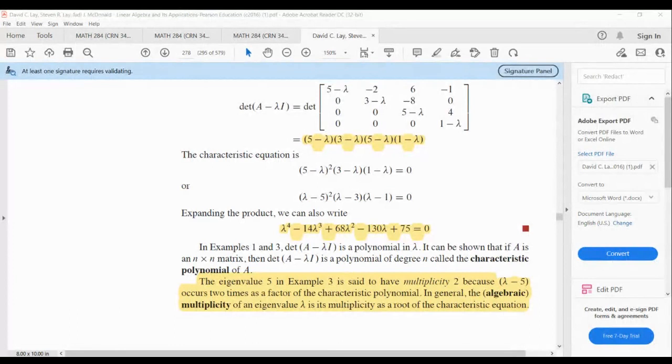The eigenvalue 5 in this example 3 that we just looked at has multiplicity 2, because there are two factors that have roots of 5. And the multiplicity of an eigenvalue is its multiplicity as a root of the characteristic equation. Are there any questions on that?